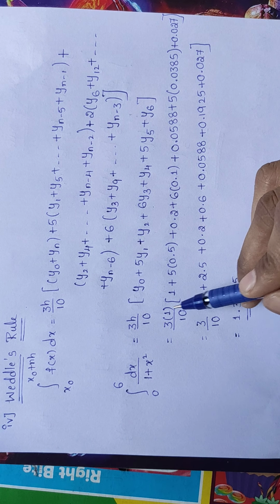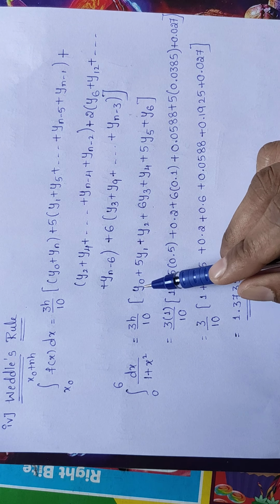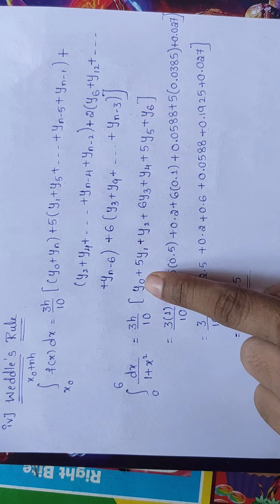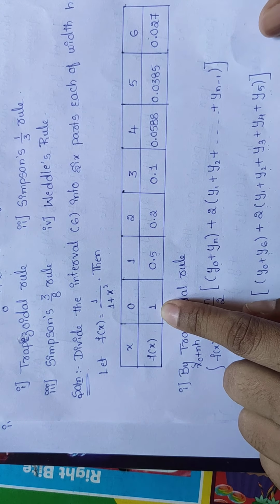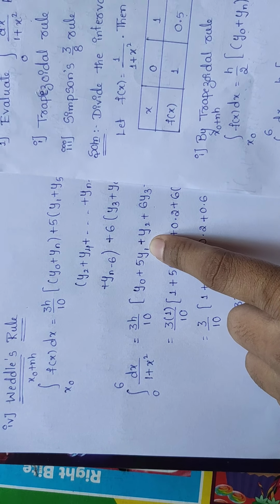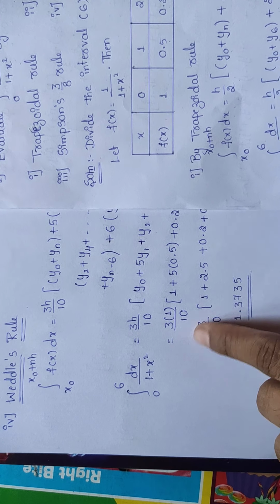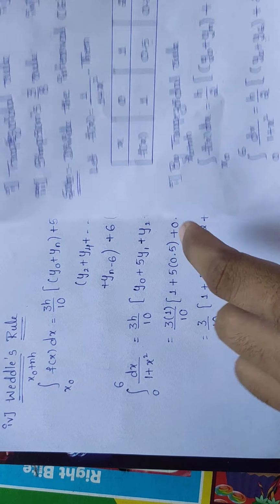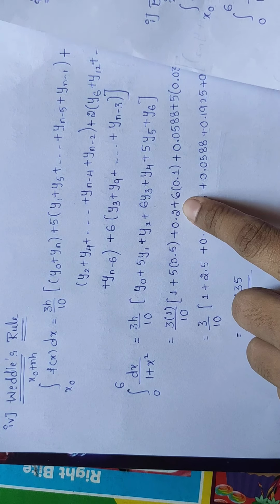H value 1, 3 into 1 by 10. Next, y naught value is 1 by observing the table. Same thing, by observing the table, here it is y naught. So y naught value is 1, substitute there. And next it is 5 as it is. Y1 value is 0.5, substitute here 0.5. So next y2 value is 0.2, substitute here 0.2.